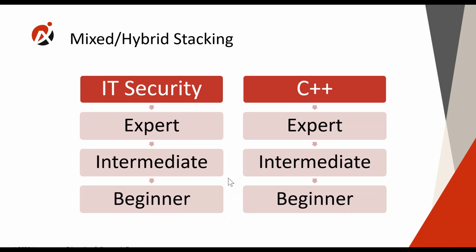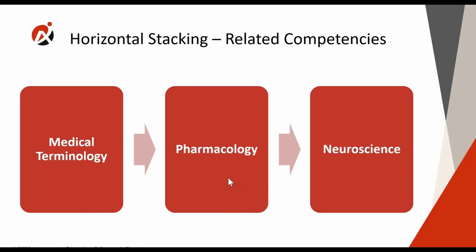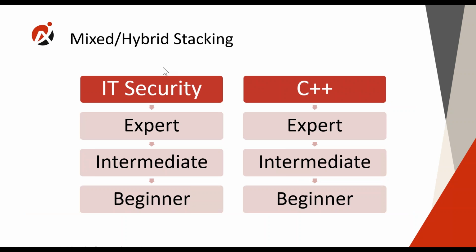Or in the former example, you might want to say someone's medical terminology up here, and then pharmacology up here, and they might want to be a beginner here and a beginner, and just have that novice level. Or they could say, oh, you know what, I want to go all the way up to expert level. So that's a mixed hybrid model.